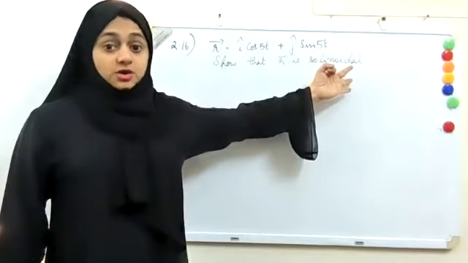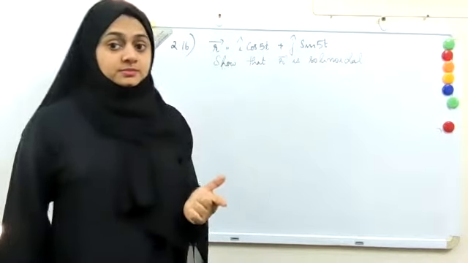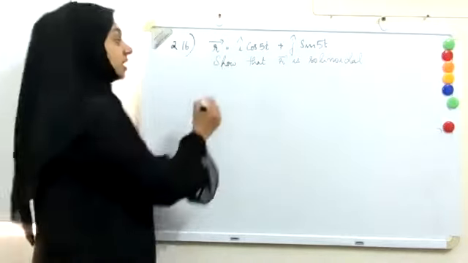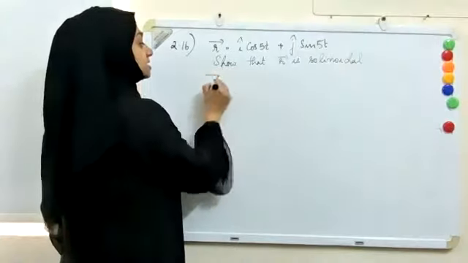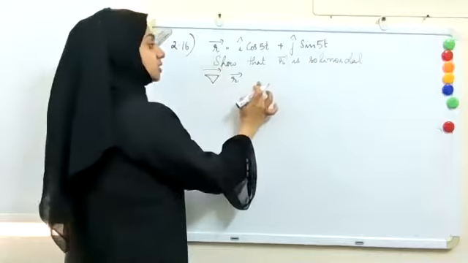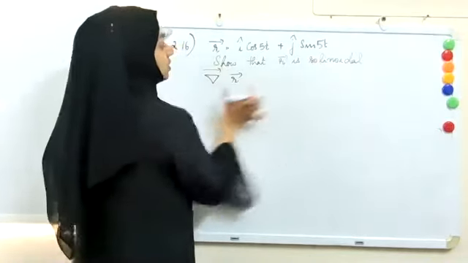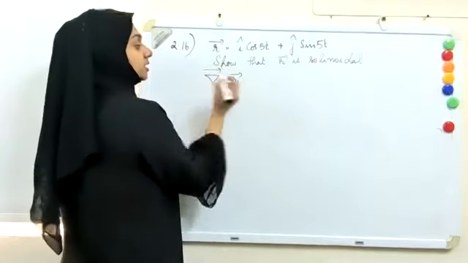Gradient, divergence, or curl? I have to take divergence. That is del dot R. If del dot R is equal to 0, I can say that R is solenoidal. So let us see how to find del dot R.